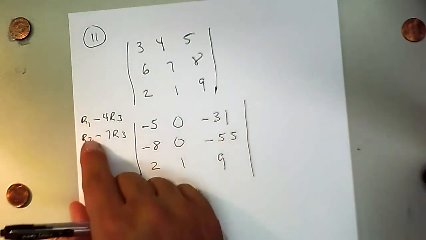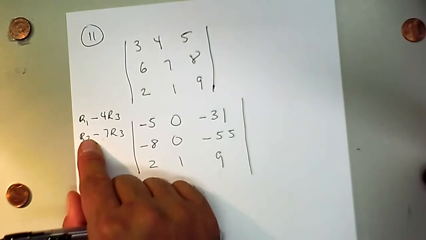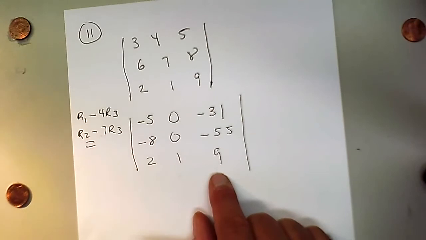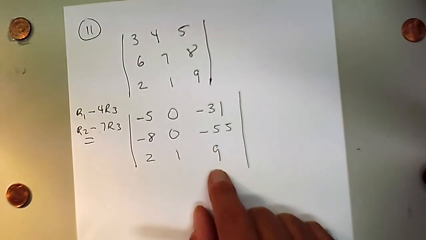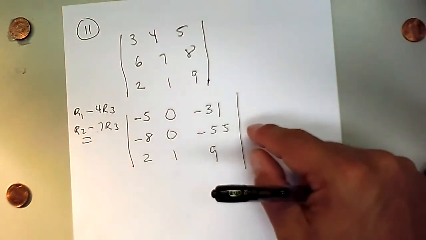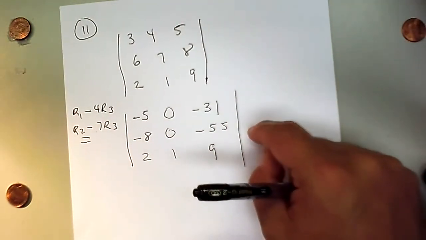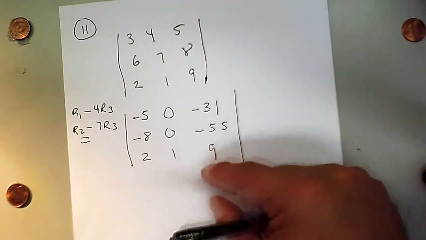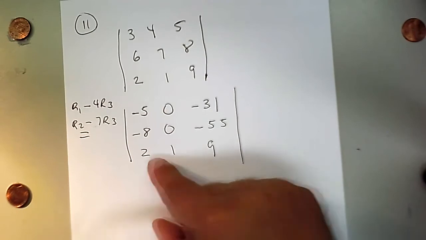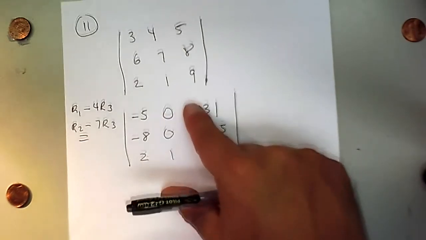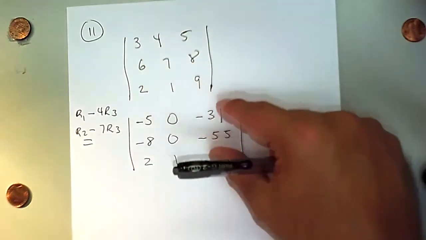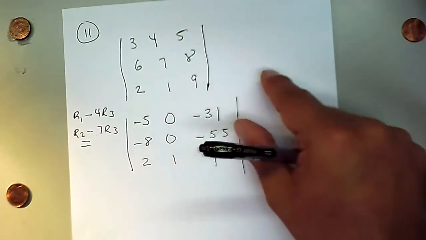After doing those kinds of row operations, this matrix will have exactly the same determinant. The determinant is still going to be negative 27, unless I made a mistake in the computations. Really, I should have started by getting rid of those, but I wanted to use a 1 right away.